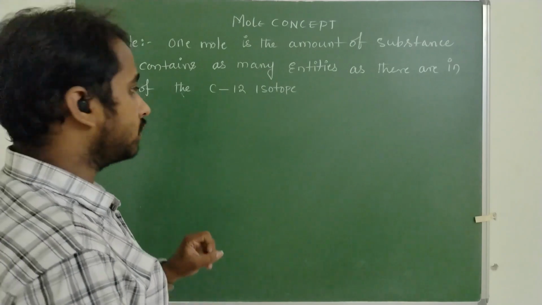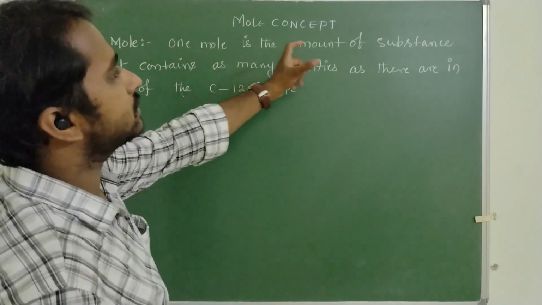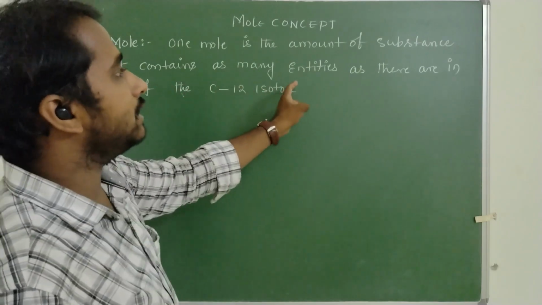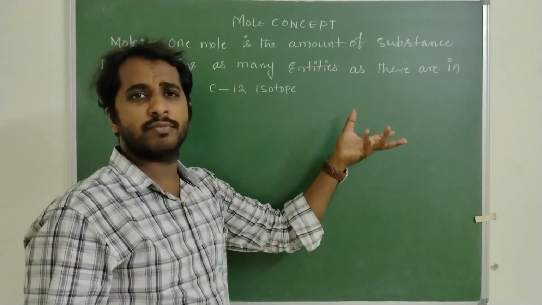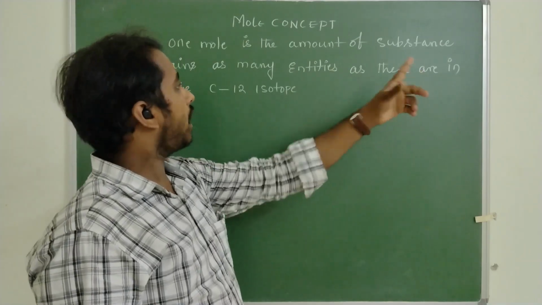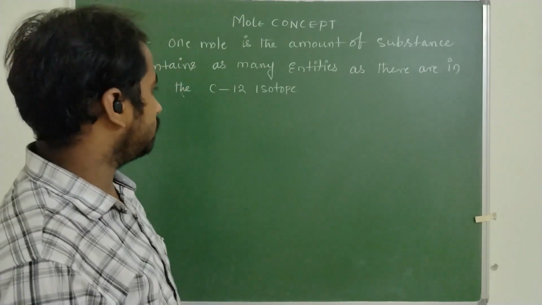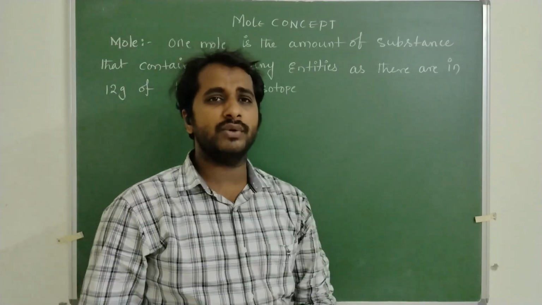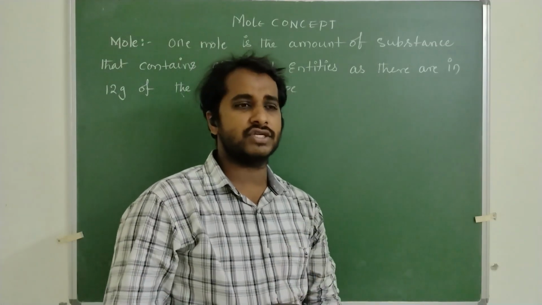Coming to the definition of the mole, one mole is the amount of a substance that contains as many entities, meaning particles, electrons, atoms, whatever it could be, as there are in 12 grams of C12 isotope. Okay, what is this mole? Why do we need this definition?